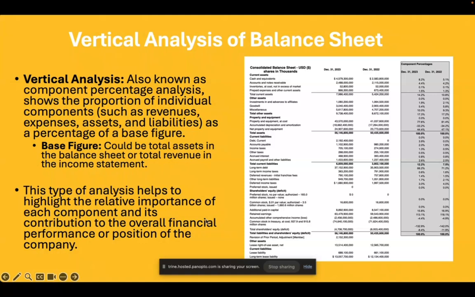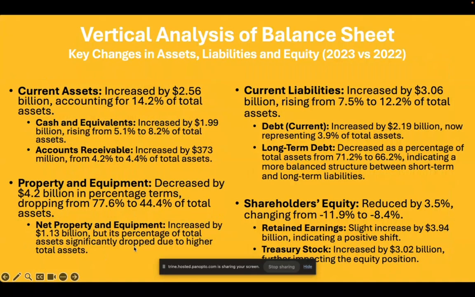This type of vertical analysis helps us identify the relative importance of each component and its contribution to overall financial performance. Some of the key changes you can observe here: the current assets increased by 14.2% in comparison to the previous year. The liabilities also increased by 7.5%. And there are other equity and property metrics.